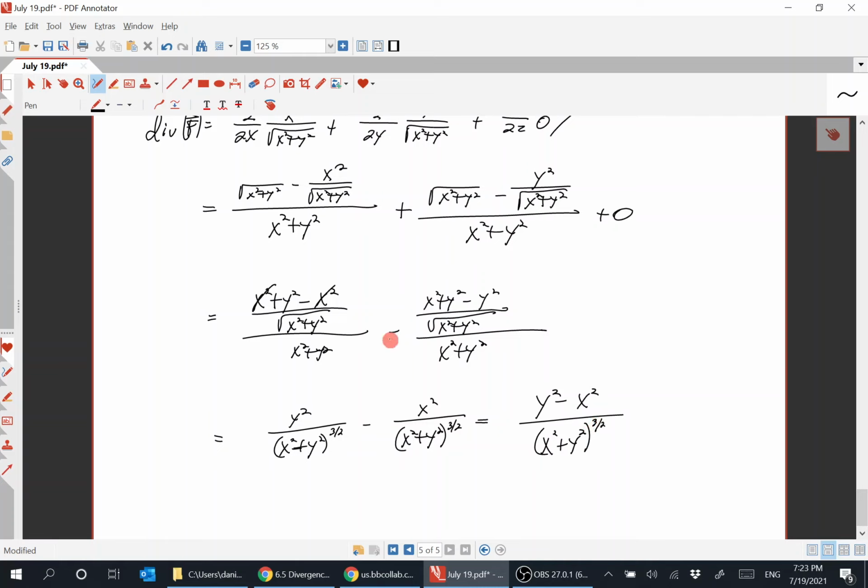Oh, this is a plus, and how did that become a minus? So it's just 1 over square root x squared plus y squared. So y squared plus x squared.